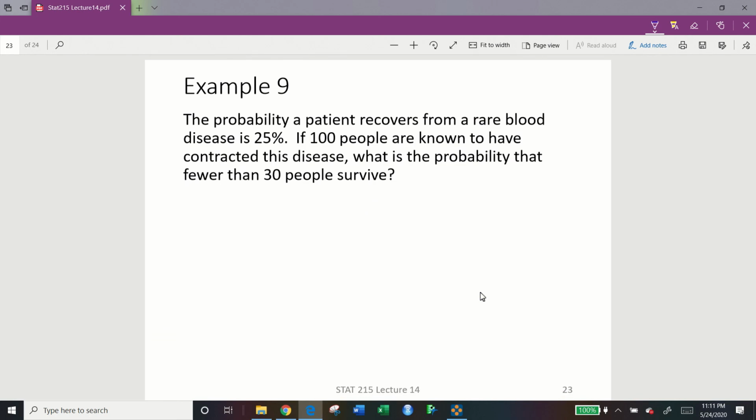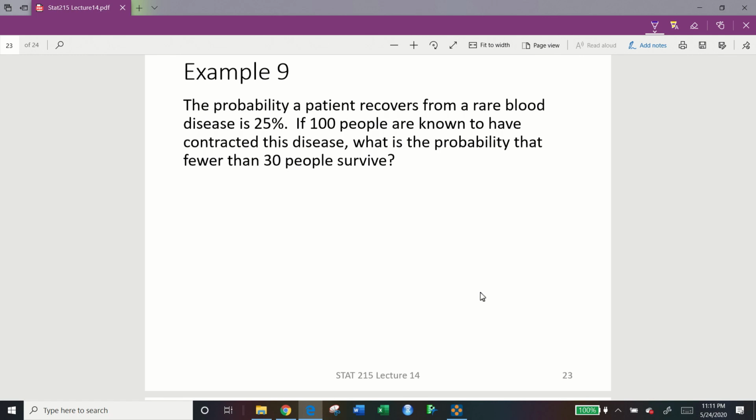So the probability a patient recovers from a rare blood disease is 25%. If 100 people are known to have contracted this disease, what is the probability that fewer than 30 people survive? So we can let x follow the binomial distribution with our sample size of 100 and our probability of success being 0.25.